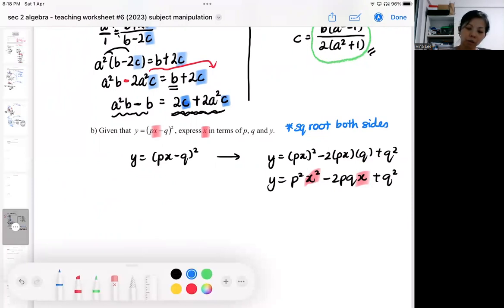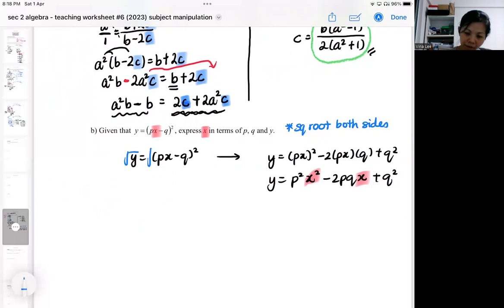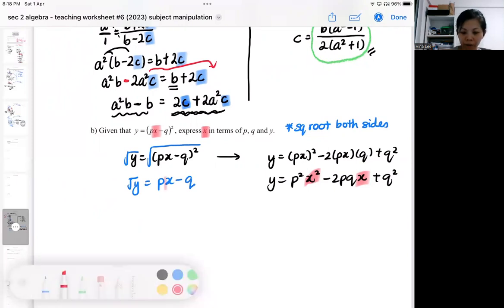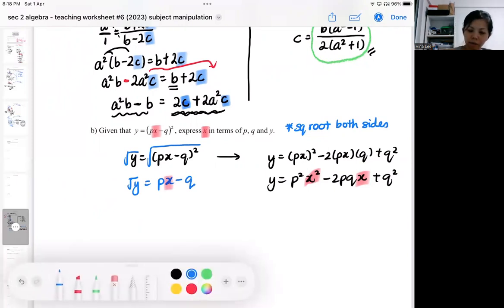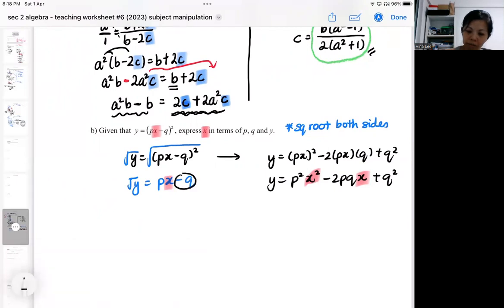So in fact, you square root both sides. Because when you take square roots on both sides, you remove the square. So the square disappears. Your subject is here, and the manipulation is quite easy. So just bring it over, and you got a px.